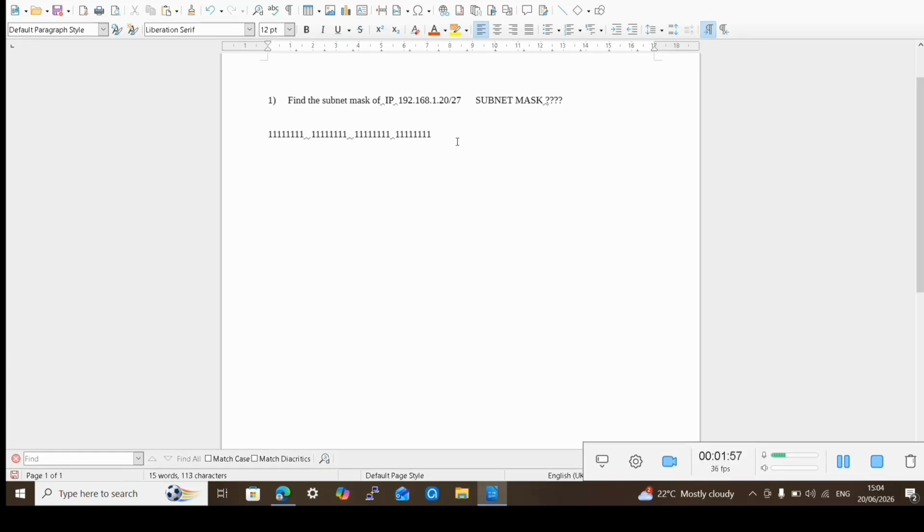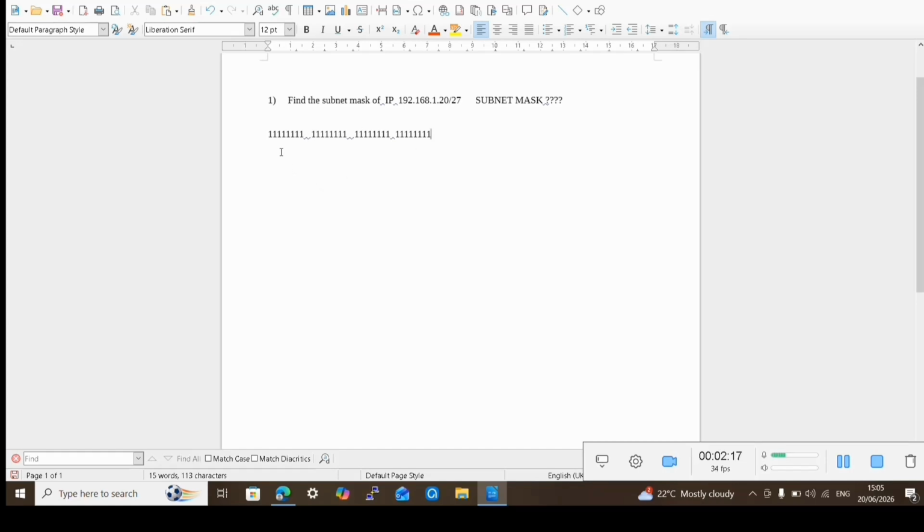Here we have 32 bits in 4 octets. So every subnet mask is divided into 4 octets and a total of 32 bits. An octet comprises 8 bits. So this 8 here is 1 octet, another 8 here, 2 octets, 3 and 4 here.